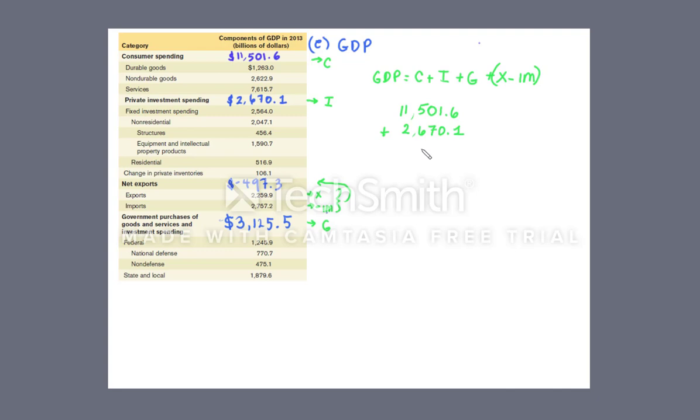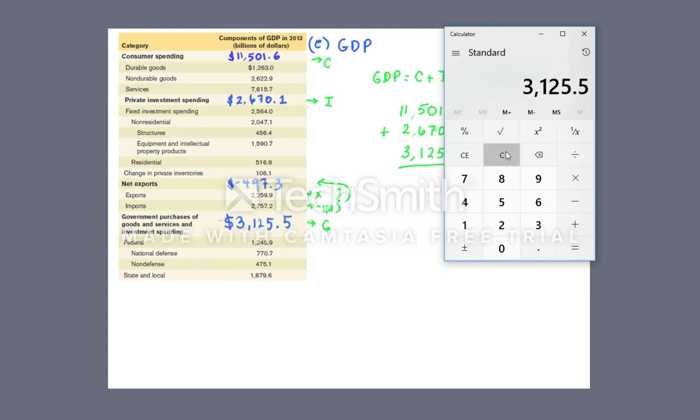So I have 11,501.6 minus 2,670.1. Oh, did I add? No, I subtracted. So let's start again. I have to add 11,501.6 plus 2,670.1 plus 3,125.5, and that gives me 17,297.2.